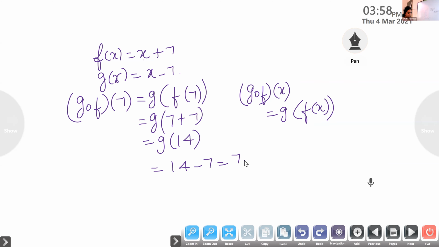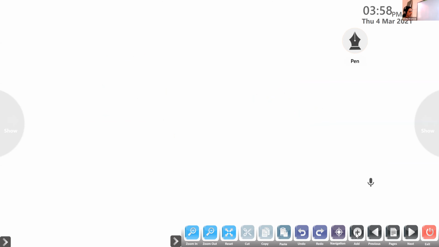Okay, write the next one. Let F from R to R be given by f of x is equal to x square, and G from R to R be given by G of x is equal to 2x plus 1.